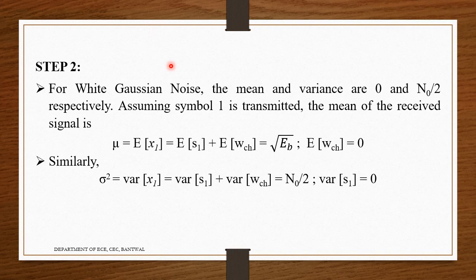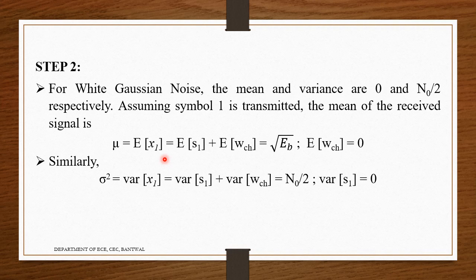For white Gaussian noise, the mean and the variance are 0 and N naught by 2 respectively. Assuming symbol 1 has been transmitted, the mean of the received signal is mu equal to expectation of x1, considering only symbol 1.